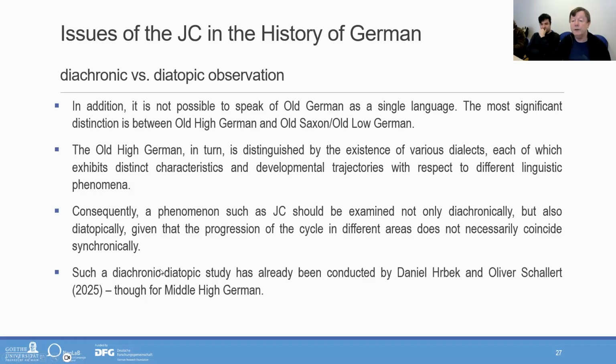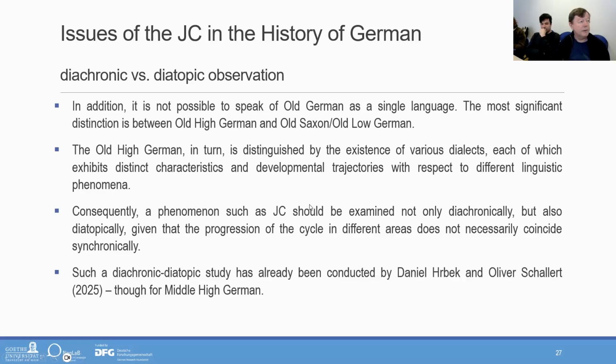In addition, it is not possible to speak of Old German as a single language. The most significant distinction is that between Old High German and Old Low German or Old Saxon. But Old High German is also distinguished by the existence of various dialects, each of which exhibits distinct characteristics and development trajectories with respect to different linguistic phenomena.